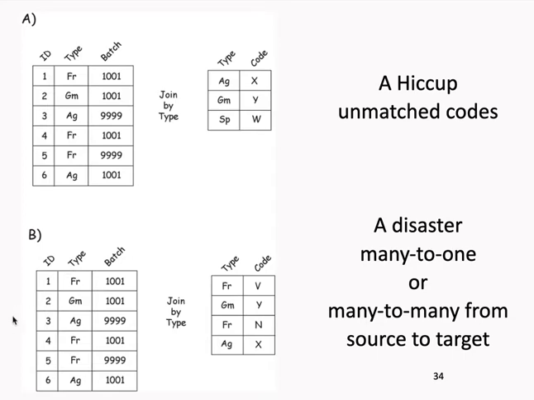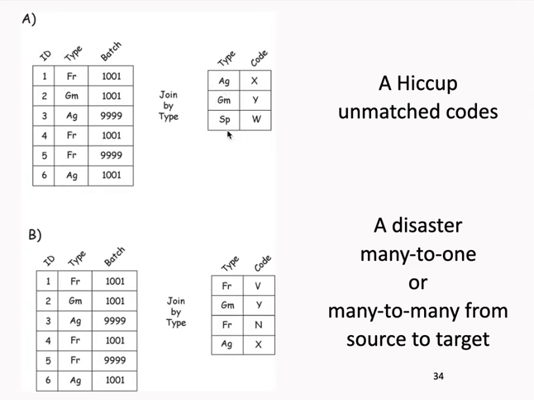You have to be careful in this. The hiccup is unmatched codes. And so sometimes I have an X, Y, and a W, and I'm matching over here, right? While joining by type, I have this AG, GM, SP. Well, the SP doesn't match anything over here if this is my type to type.